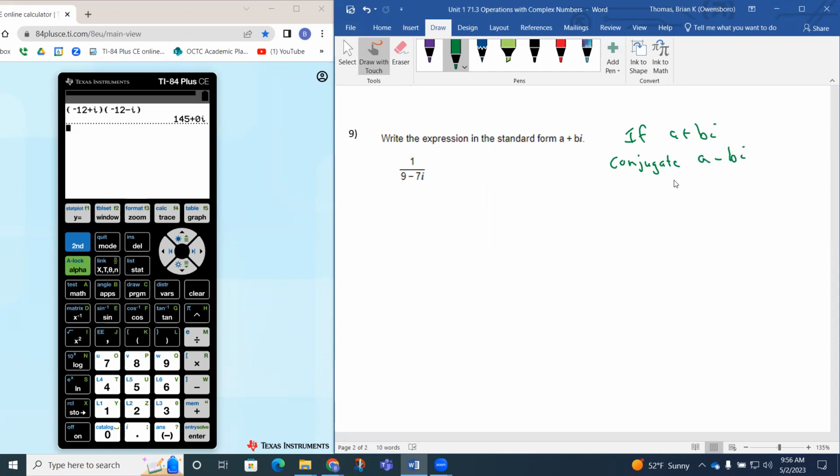So one of the things we learn is if you multiply by the conjugate, it will always turn into a real number. So if you multiply by a conjugate, that'll eliminate the complex number in the denominator.